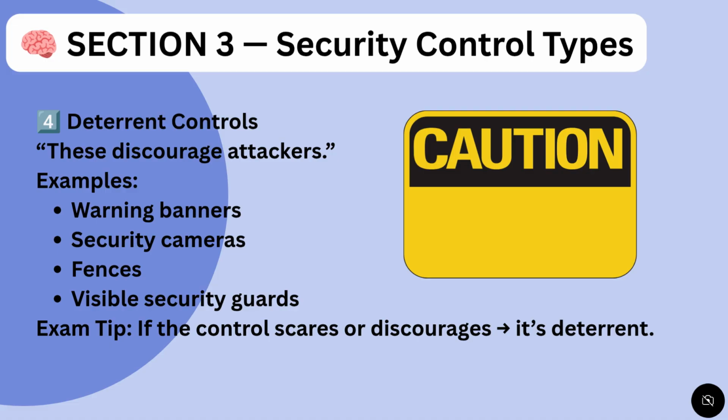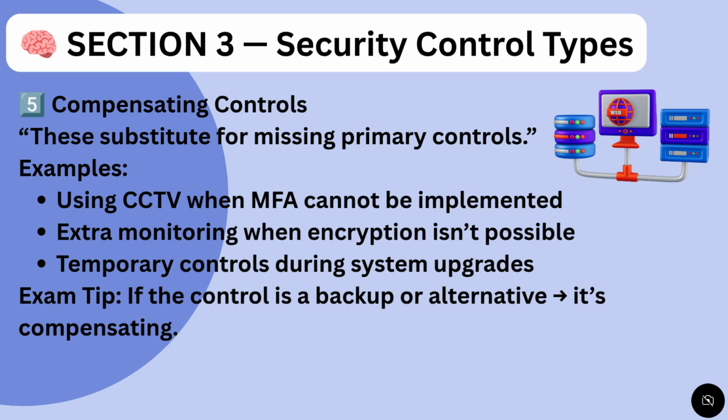Fifth control is compensating control. Compensating controls act as a substitute when the primary control cannot be implemented. Examples include using CCTV when multi-factor authentication isn't available, adding extra monitoring when encryption isn't possible, or applying temporary controls during system upgrades. If the control is a backup or alternative, it is a compensating control.